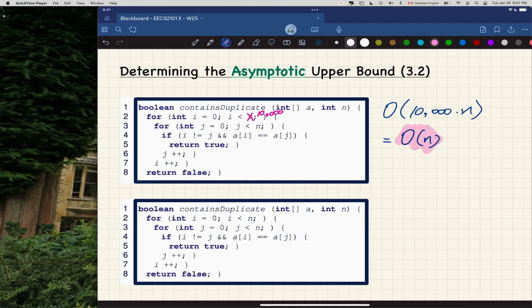Let's play a little bit more. Can I make this loop potentially even more efficient? Make it constant. Oh, I can. Why don't I change the other bound also to be constant, right? I can say, for example, this one here, 1 million. Here, also 1 million. Sounds big. Asymptotically speaking, they are not big.